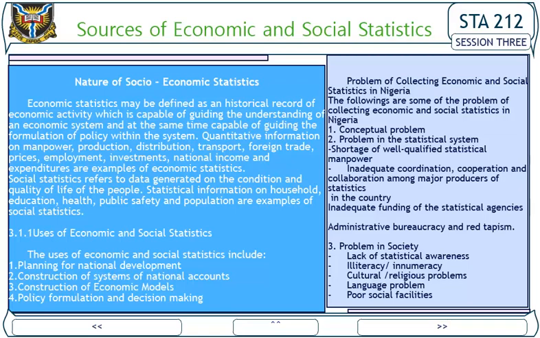Problems of collecting economic and social statistics in Nigeria. The following are some of the problems of collecting economic and social statistics in Nigeria. 1. Conceptual problem. 2.